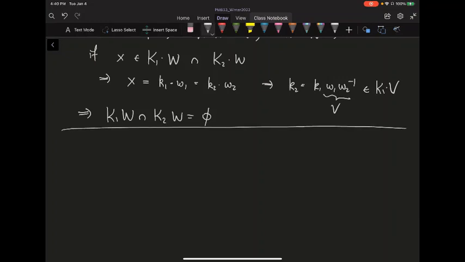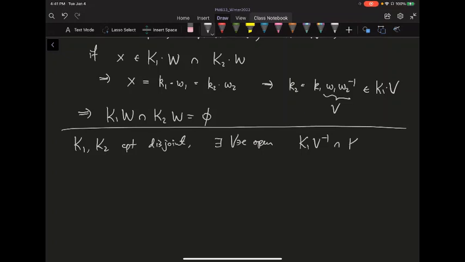Once we have that, we have K1 and K2, they're compact and they're disjoint. So we can show that there exists an open neighborhood V of the identity so that K1 and K2 are separated by this open neighborhood.